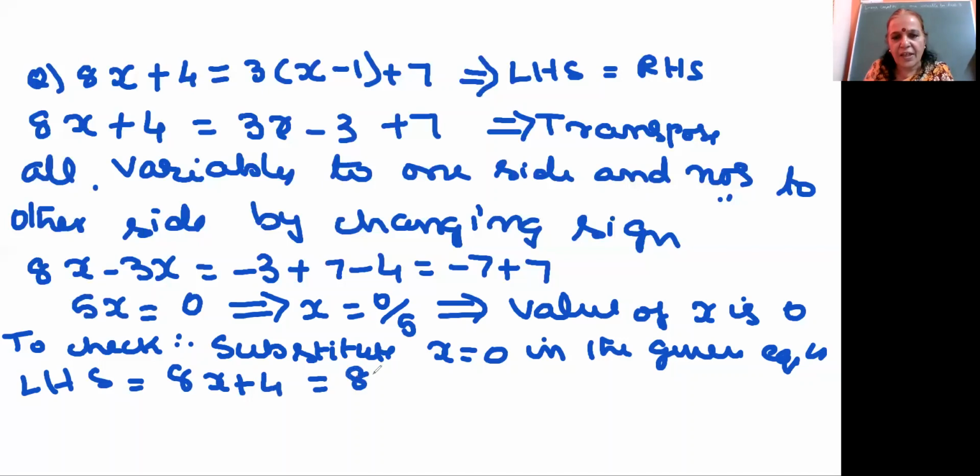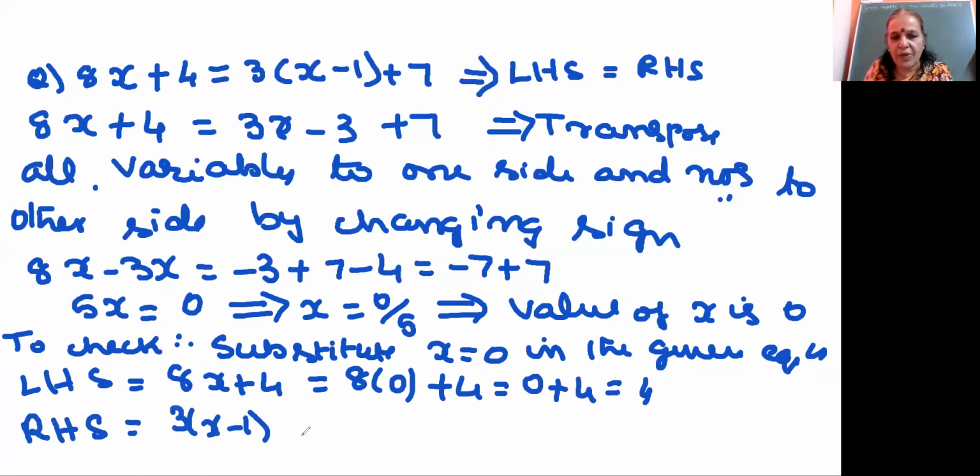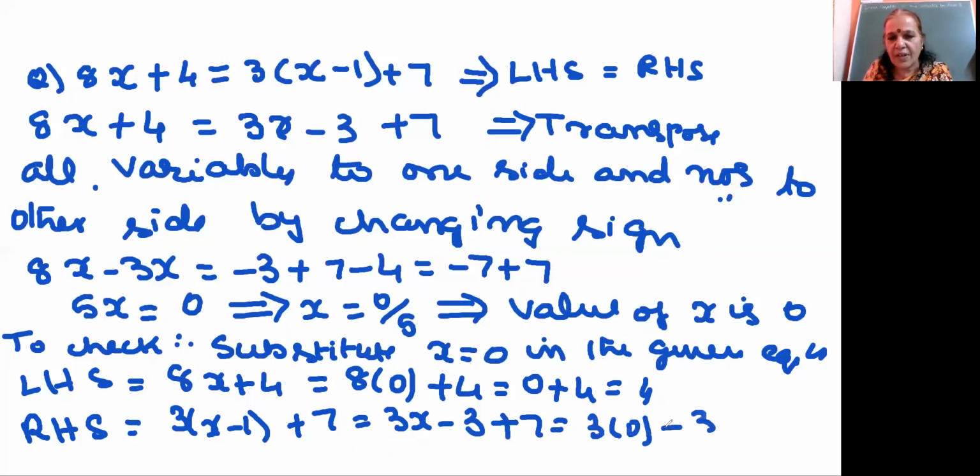That is 8 into 0 plus 4 is equal to 0 plus 4 is equal to 4, and RHS is 3 into x minus 1 plus 7, 3x minus 3 plus 7, 3 into 0 minus 3 plus 7, and 3 into 0 is 0. 0 minus 3 plus 7. That is equal to 4.